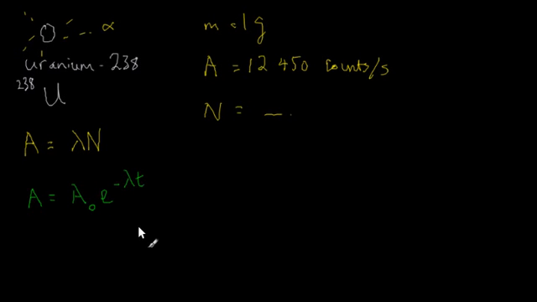A naught here would be the activity when t is 0, and this A here would be the activity after a time t.